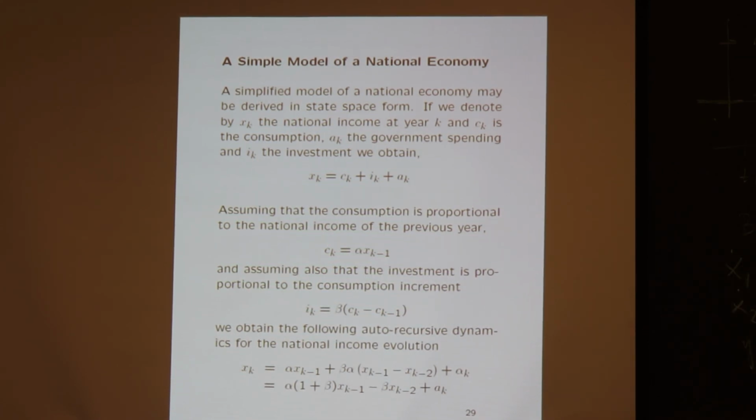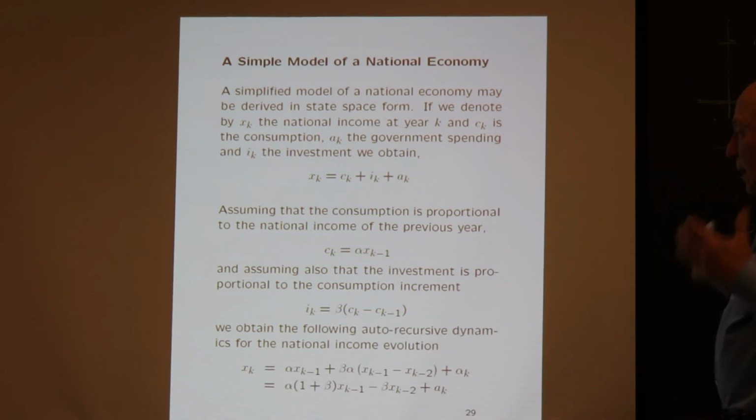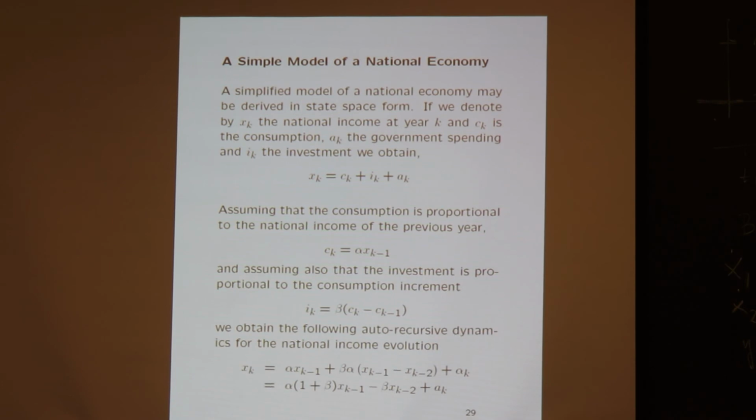People or the government will consume according to the most recent experience of the behavior of the national income. And the investment is sort of a difference of the consumption, or let's say the rate of consumption from one year to the next. So the previous year to the one you have, sort of the difference multiplied by a certain factor beta.